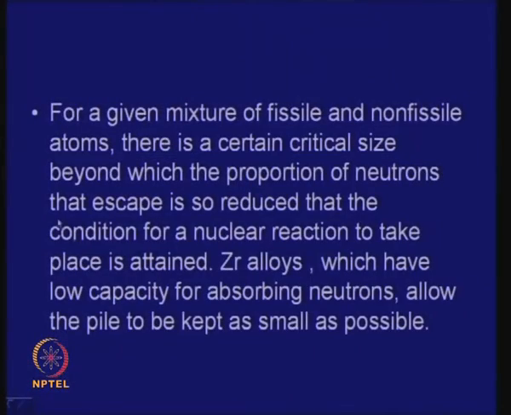In that mass, it will now be possible to ensure that the neutrons do not escape altogether, that they will take part in fission reactions, and there will be a nuclear reaction. So, zirconium alloys which have low capacity of absorbing neutrons allow the pile to be kept as small as possible, because if the zirconium alloys were not there, then the piles cannot be that small.